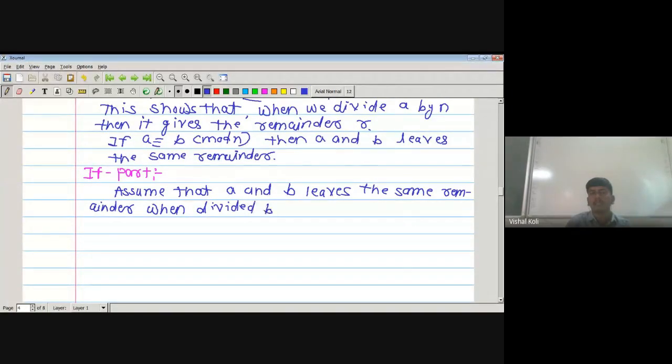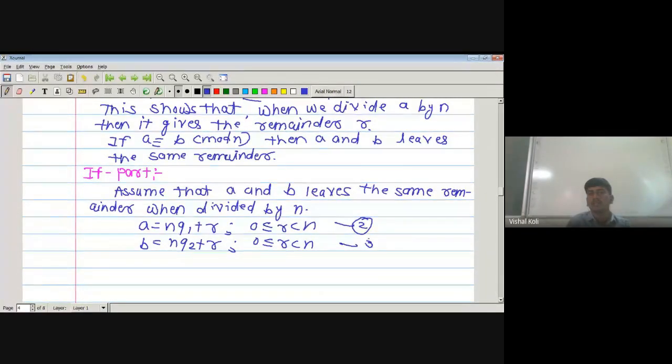This is our supposition, that is A equal to n q1 plus r, where 0 is less than or equal to r, which is less than n. Let us take this as equation 2, and B equal to n into q2 plus the same remainder r, where 0 is less than or equal to r, which is less than n. This is the third one.